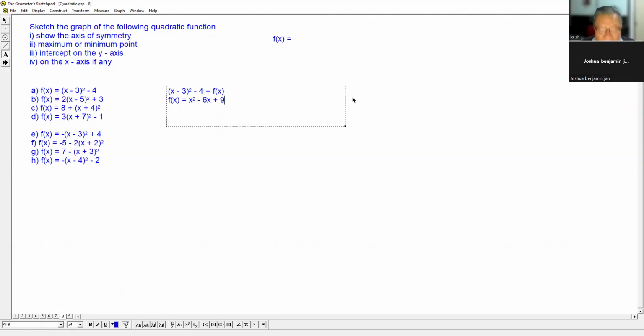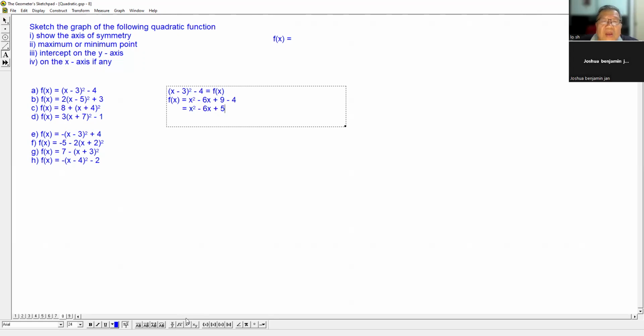Then this one is minus 4. I simplify this, and it will be equal to x squared minus 6x plus 5.